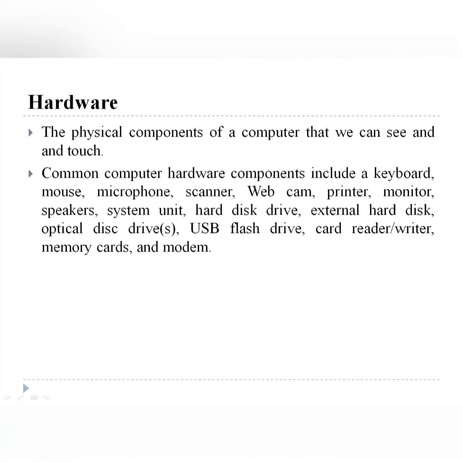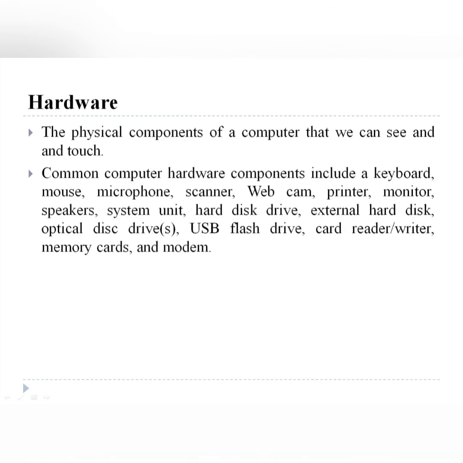First one is hardware. It is a physical component of a computer which we can see and touch. That is, any physical device that we can see and touch is called hardware. For example, keyboard, mouse, monitor, CPU, any physical devices.